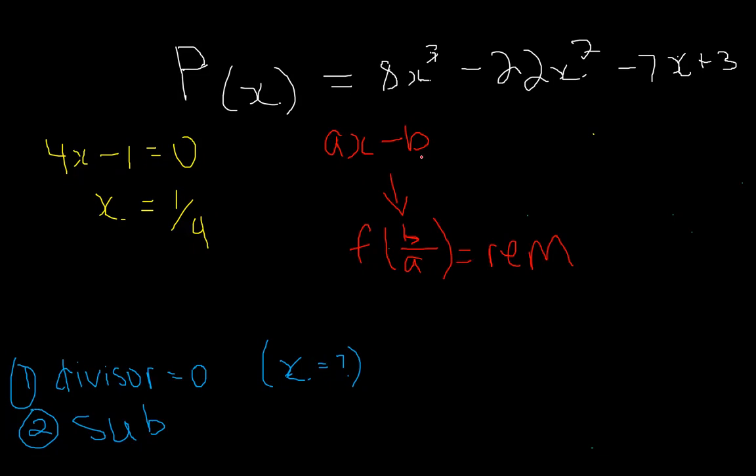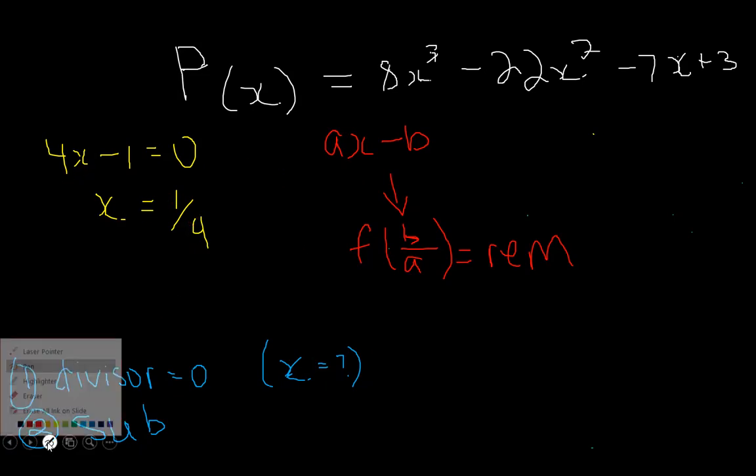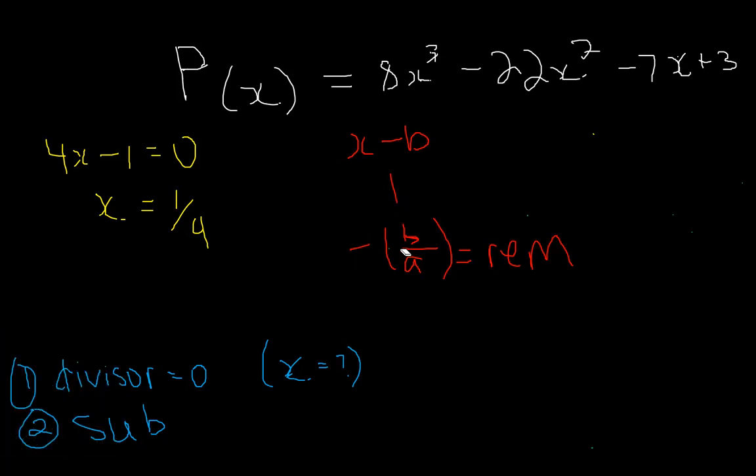You get the same answer. How? Well, b in this case would be 1, so that's 1 divided by a, in this case 4. So I'll still get the same quarter, right? That was just to show you that both work.